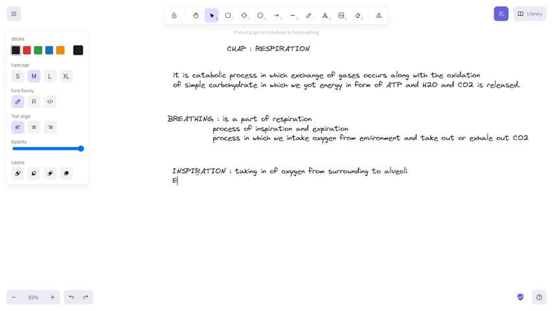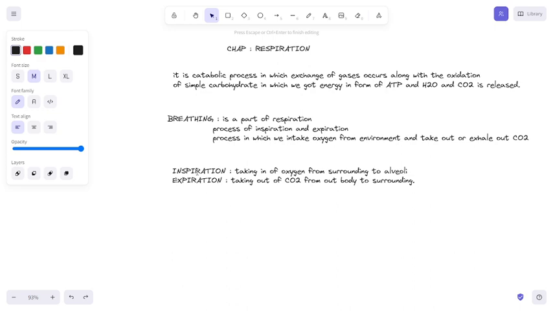And if we talk about expiration, it is taking out of CO2 from our body to our surrounding.